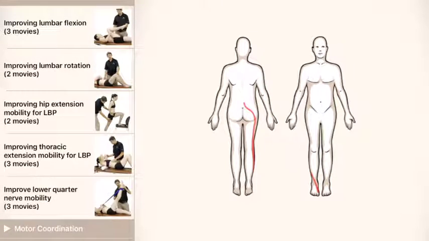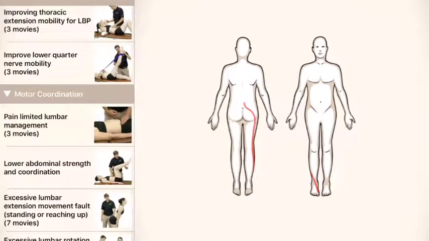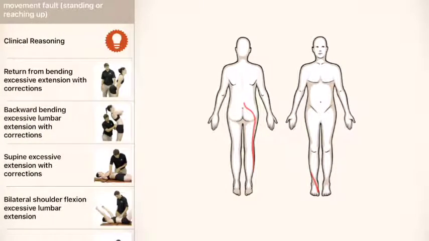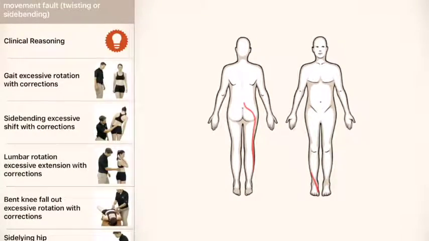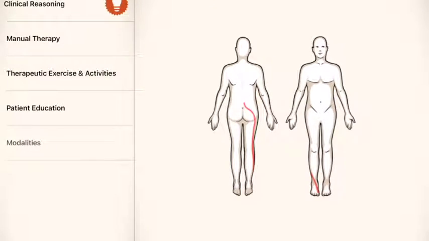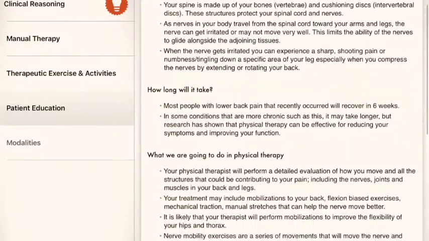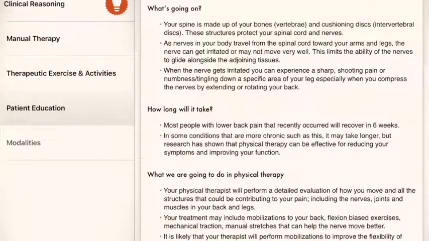And very importantly, under motor coordination, if they are people who excessively extend, or people who excessively rotate, I need to reduce that because we believe that might be causing daily compression on the nerve roots. So, last of all, there's patient education. You guys can check that out when you have time. And that is the gist of this pattern, the extension sensitive radiating pain.